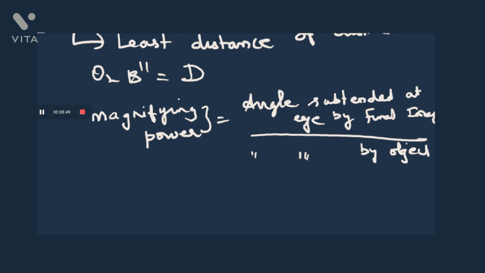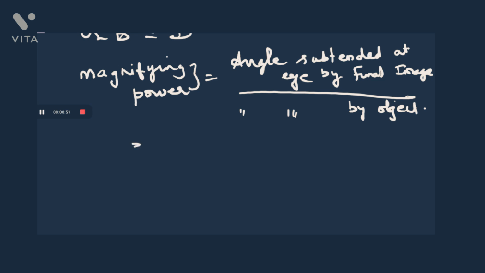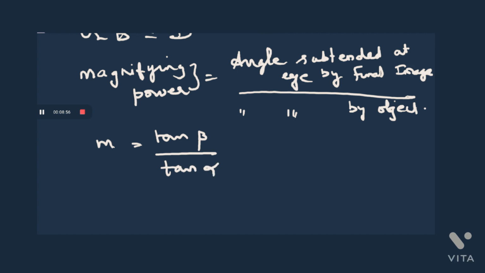If you keep this in mind, you will get it easily. So M is equal to tan beta divided by tan alpha.